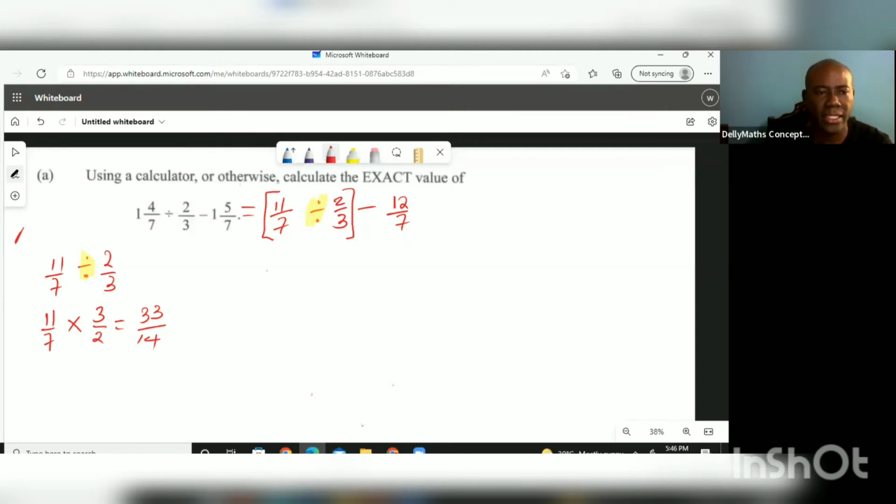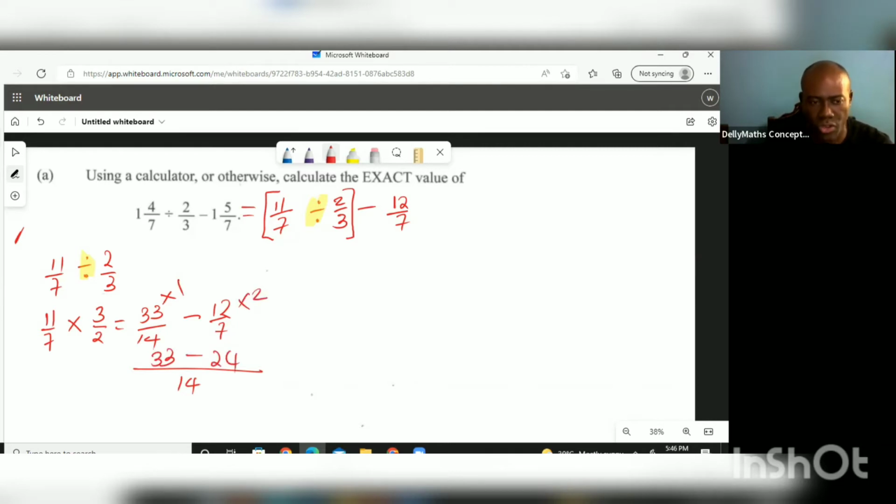So having that, what we want to do now is to minus 12/7. When you're subtracting fractions and the denominators are not the same, we need an LCM. So the LCM for 14 and 7 is 14. 14 into itself, 1 times 33, that's 33. 7 into itself, 2 times, and 2 times 12, 24.